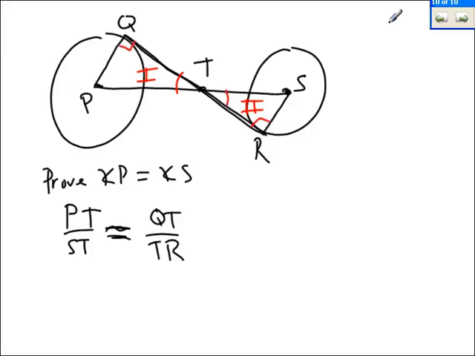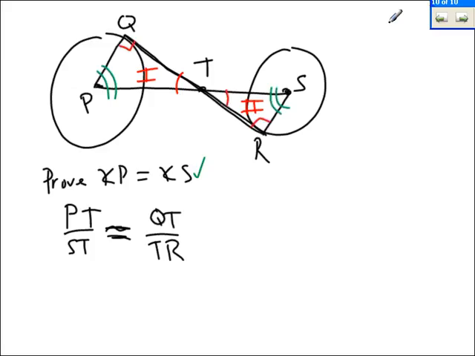By the third angle theorem, if you have two triangles with two pairs of congruent angles, then the third pair must be congruent. Angle P equals angle S.